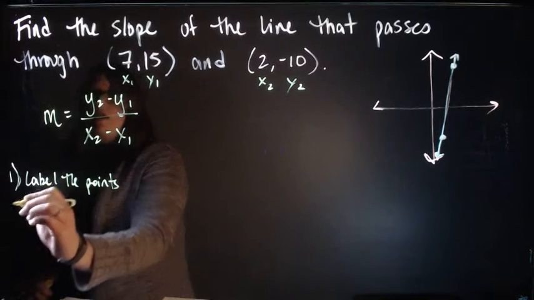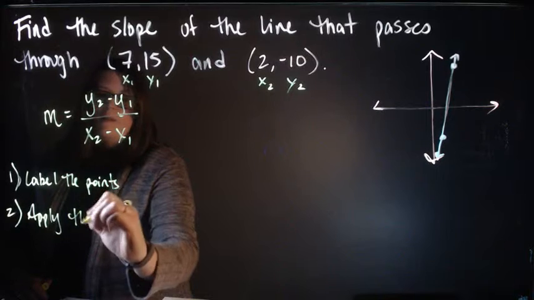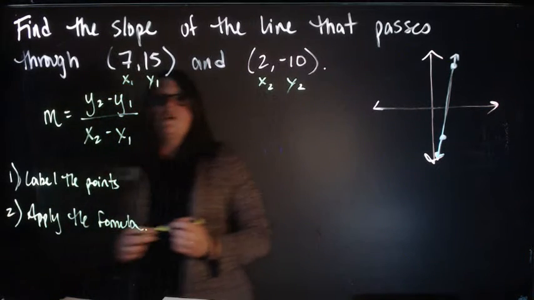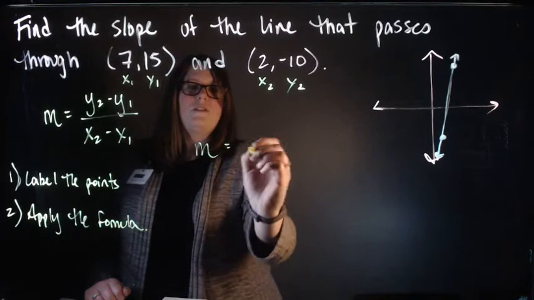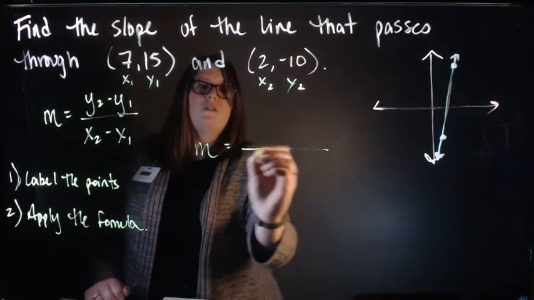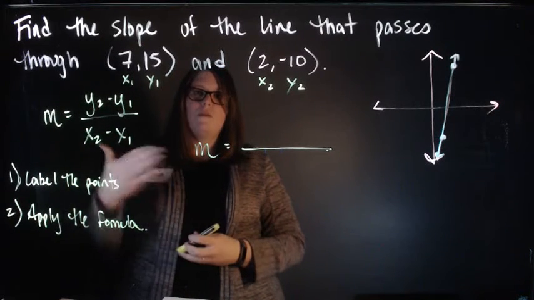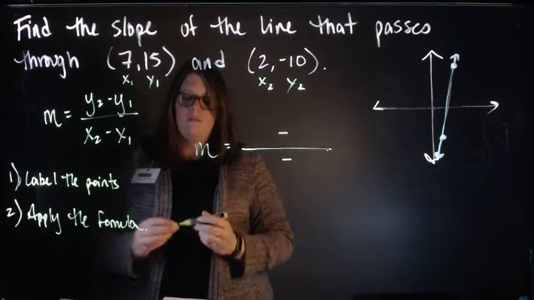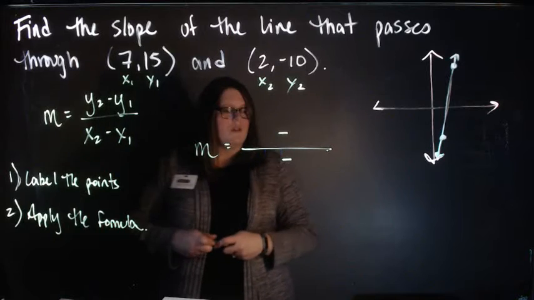Next, we want to apply the formula. What I suggest is to make your fraction bar, just so we don't lose that. That's really what this is: we're going to divide the top by the bottom, the numerator by the denominator. And go ahead and put in your minus signs too, just so they're not lost with some negative numbers we're going to be dealing with here.